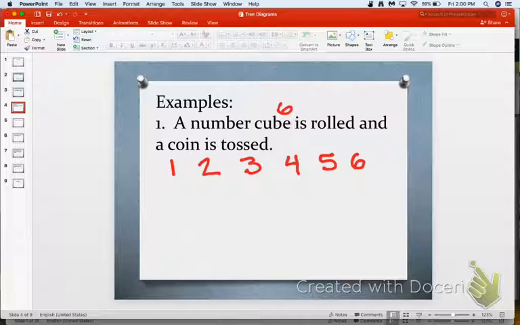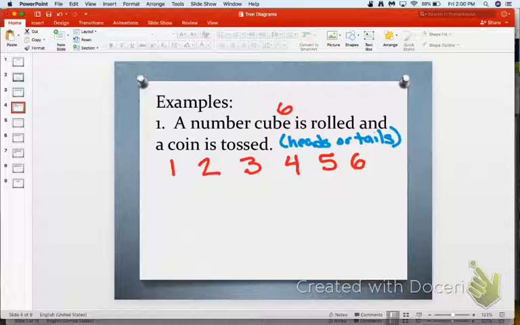But then it continues to say that a coin is tossed. Well, I know a coin is either heads or tails.